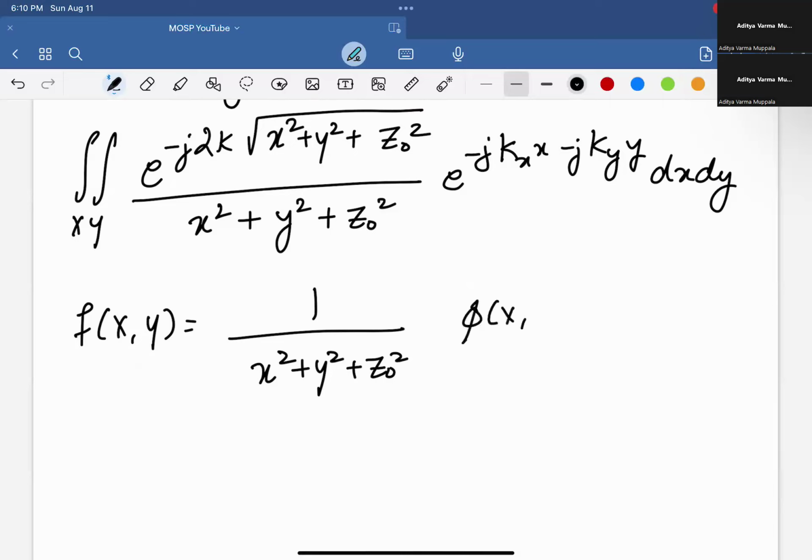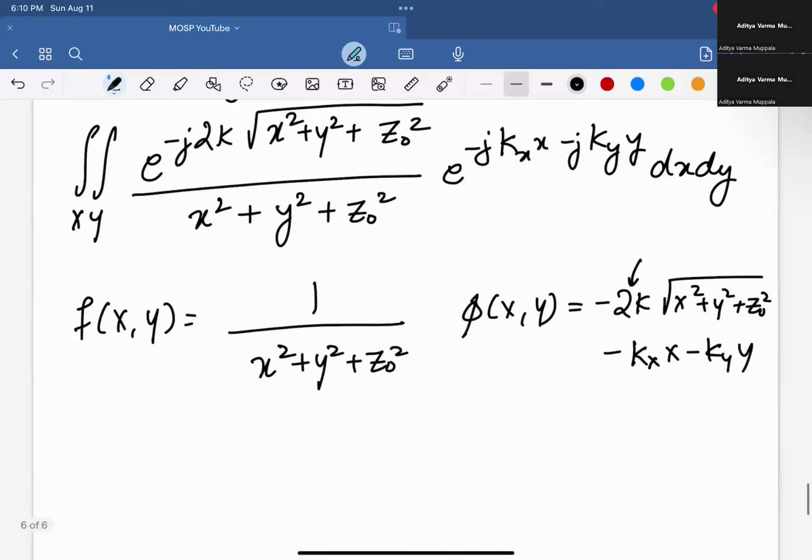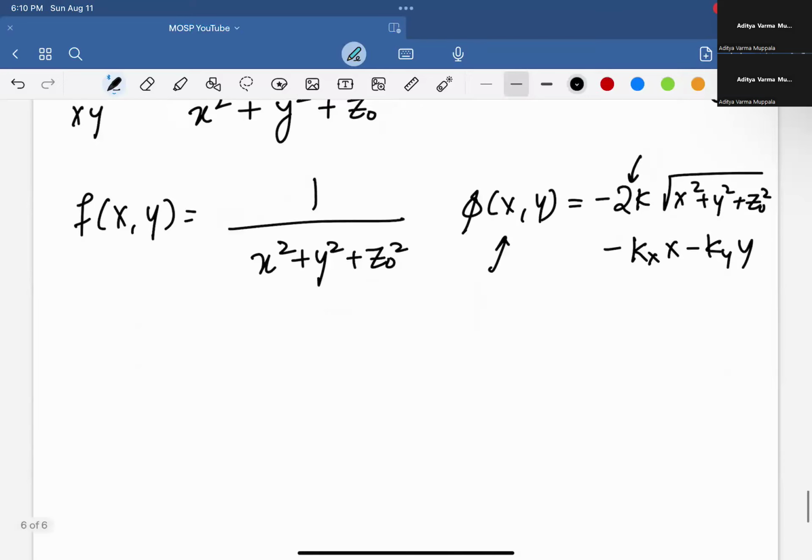Luckily, phi of x comma y is the same or very similar, which is just minus 2k square root of x squared plus y squared plus z squared, plus or minus kx x minus ky y. Except for this factor of 2, which can be absorbed into the k, everything else is the same in phi. Of course, f is different, but phi is the same, so it makes my life much easier.